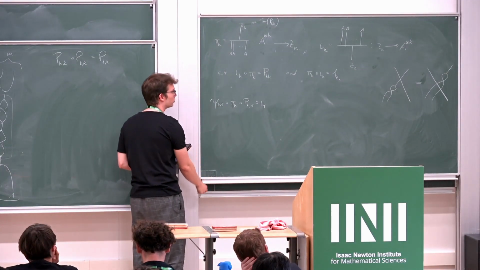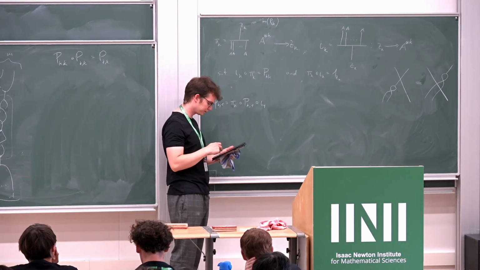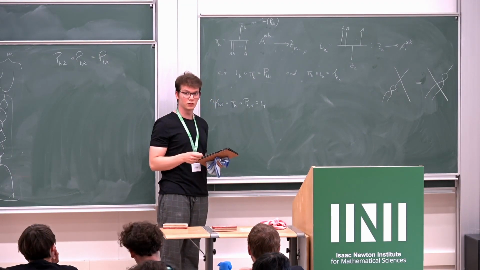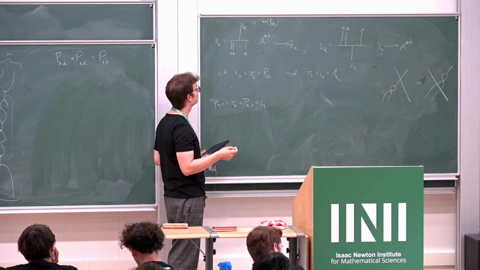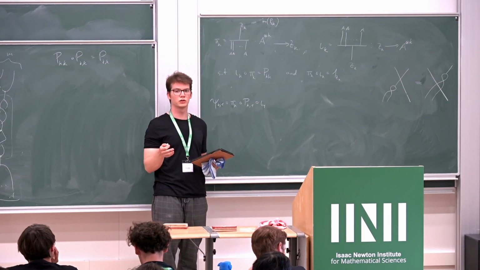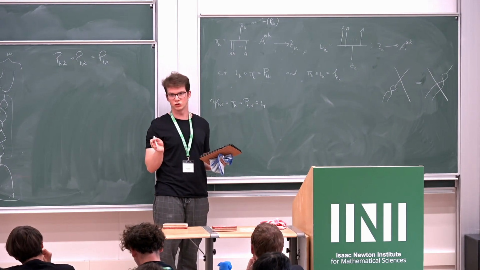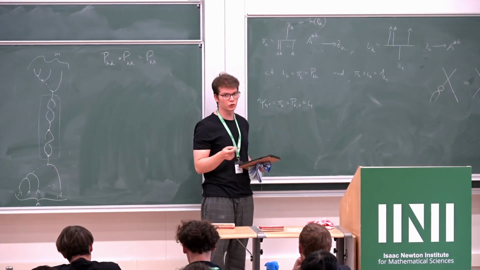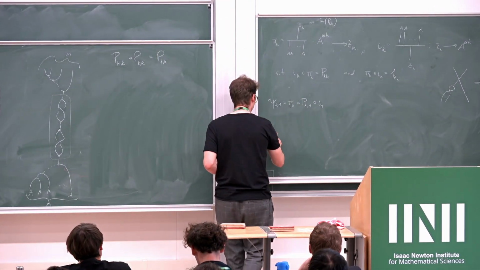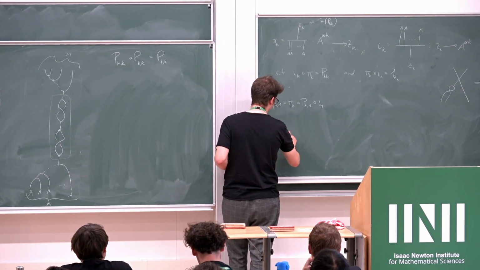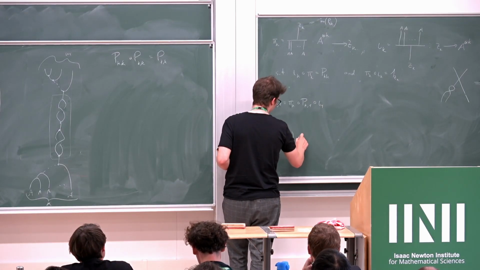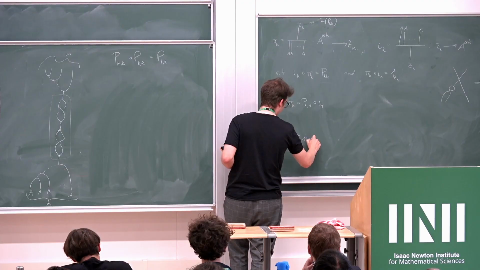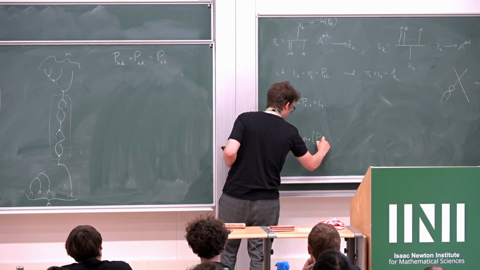What we now want to see is that the image of PKK is isomorphic to any other image of any other PLL. And we can show this by showing that the image of PKK is isomorphic to the image of P11.